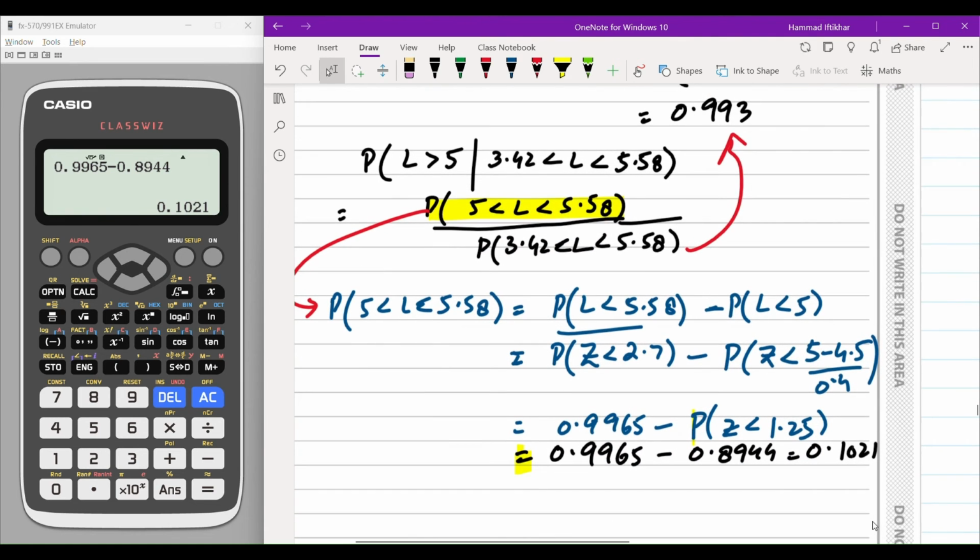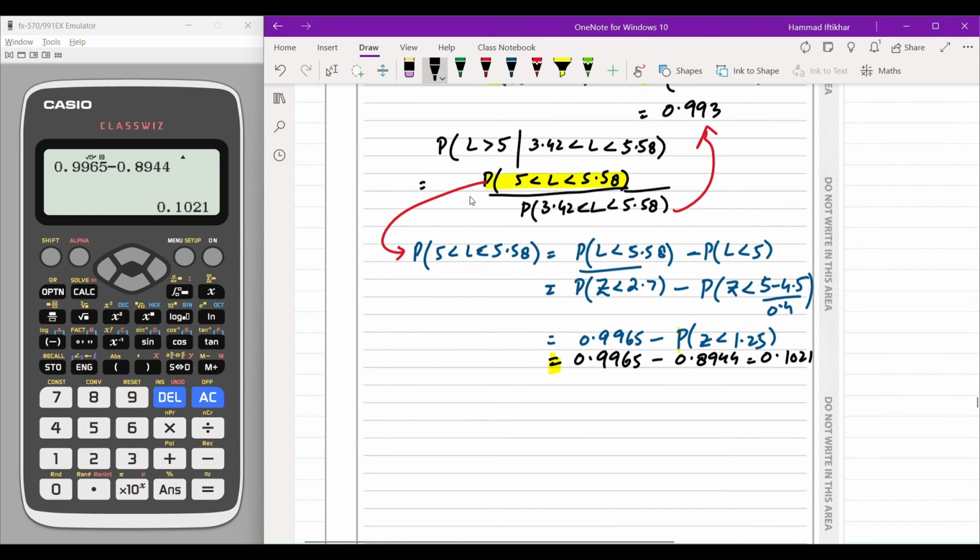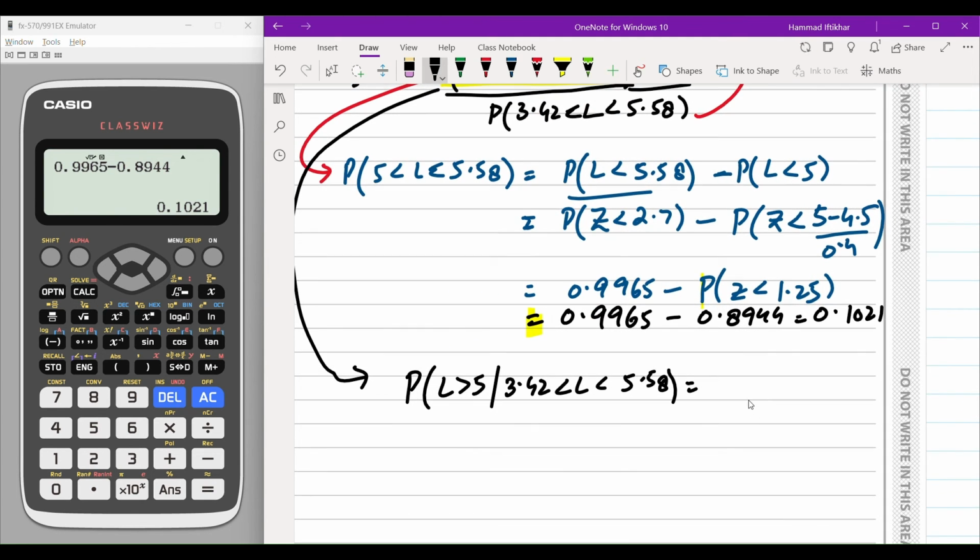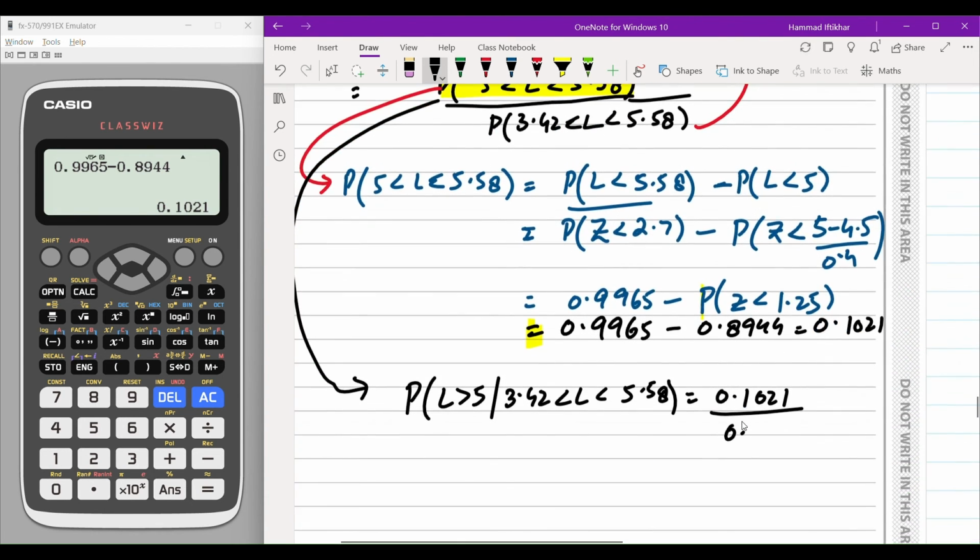Now when we put this into the conditional probability, the probability of L greater than 5 given not an outlier is going to be equal to 0.1021 divided by 0.993.